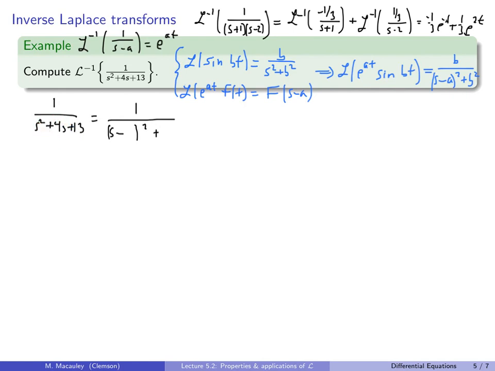It's not hard to see that what goes here has to be positive 2, because we don't have any choice with this 4s. Given that this is a 4s, that has to be a 2, because when we multiply this out, this is s squared plus 4s plus 4.